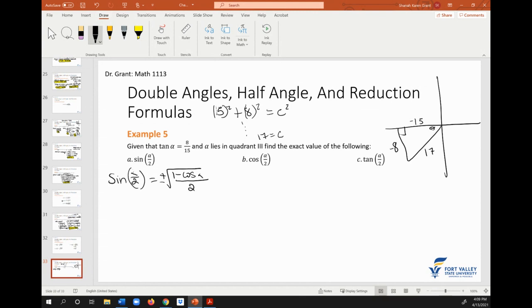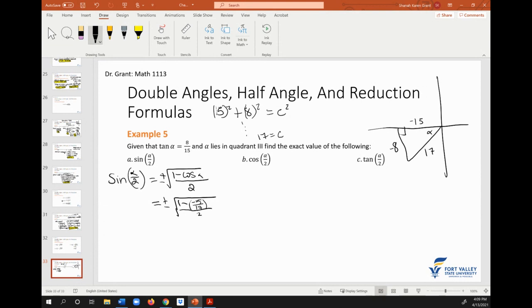Okay, so what is cosine of alpha? Well, put alpha instead of theta. So 1 minus, my cosine is going to be negative 15 divided by 17, and this is all over 2, all under the radical.